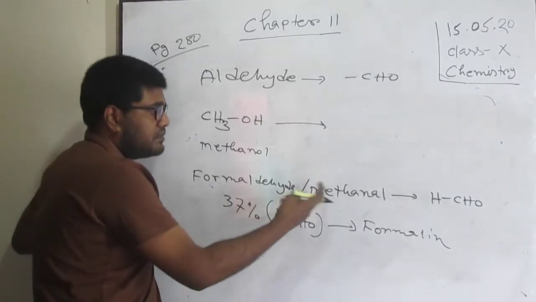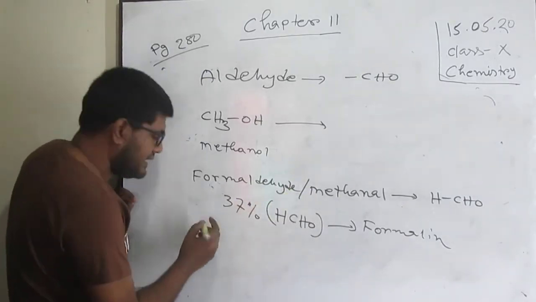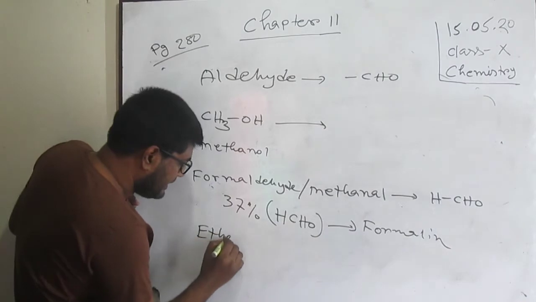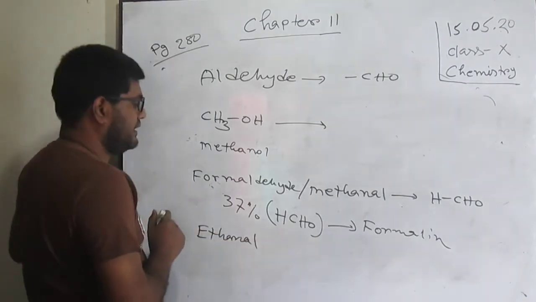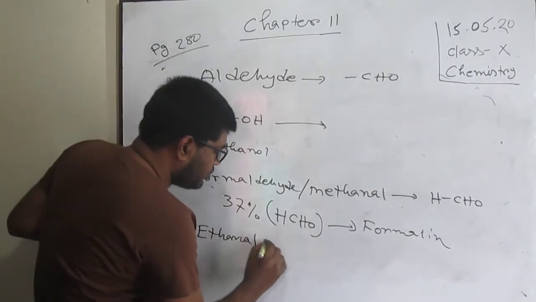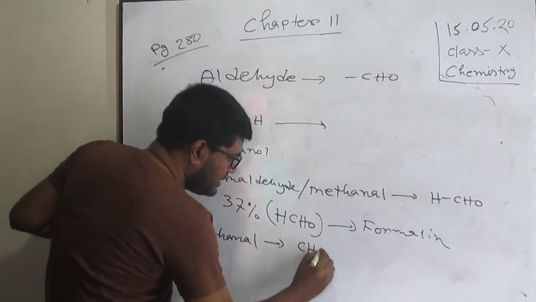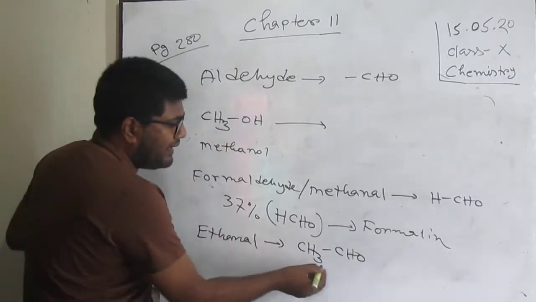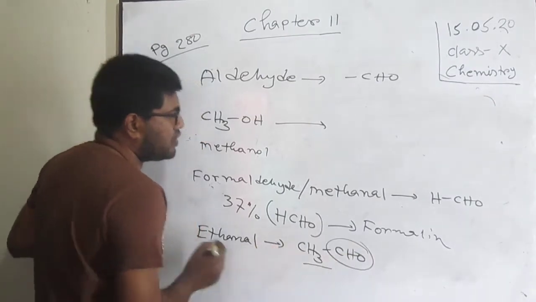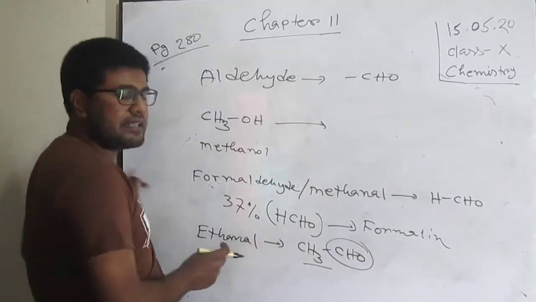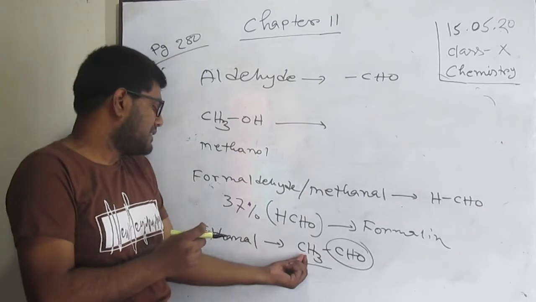After that, another aldehyde is ethanal. Its formula is CH3CHO. So one alkyl is added with this functional group, and this alkyl is only methyl.